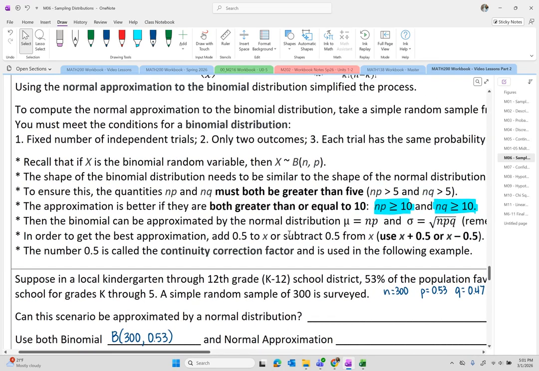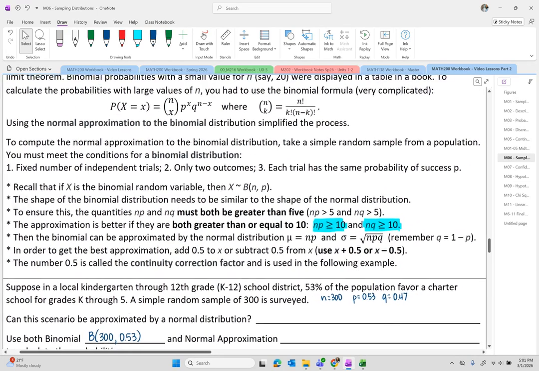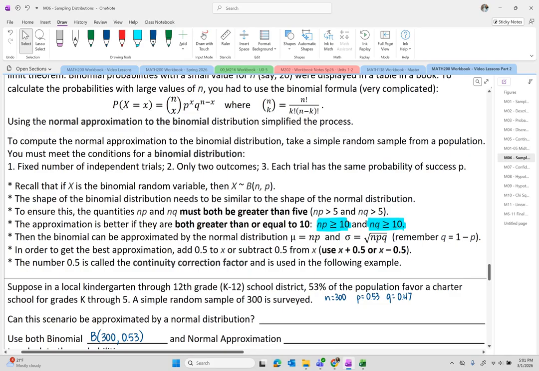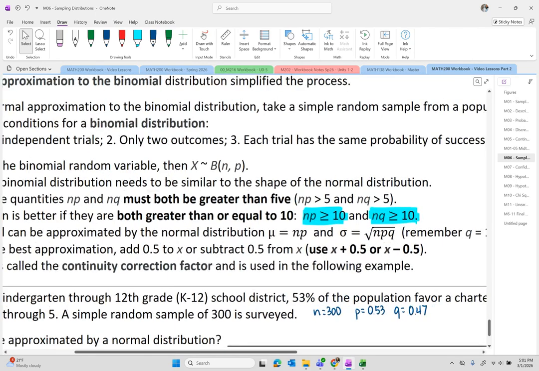Because the normal distribution refers to a continuous variable and the binomial distribution refers to a discrete variable, we use something called the continuity correction factor, which is 0.5.